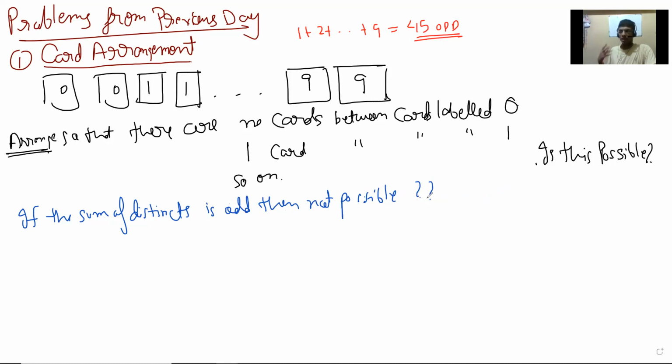It has to do something with the sum. So we are only focusing to show that if the sum of numbers is odd, like 1 to 9, then it is not possible.